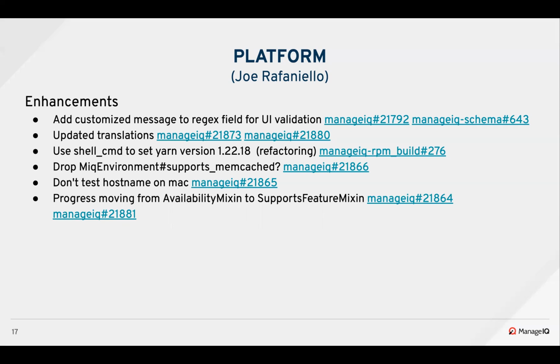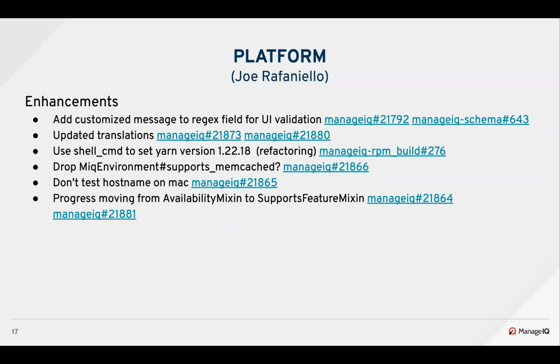Minal refactored how we specify the yarn version to use the shell command, just to eliminate duplication of code we already have. Keenan did a few different pull requests, one for moving away from supports Memcache and some of the appliance-centric nature of some of the code, since that was no longer needed as we weren't managing Memcache in that way.